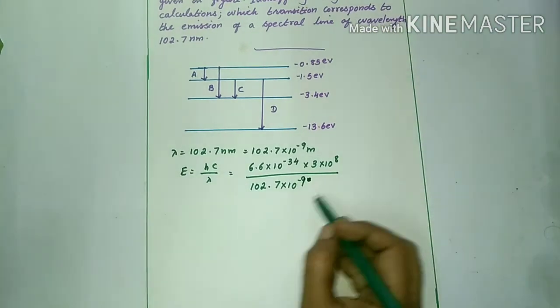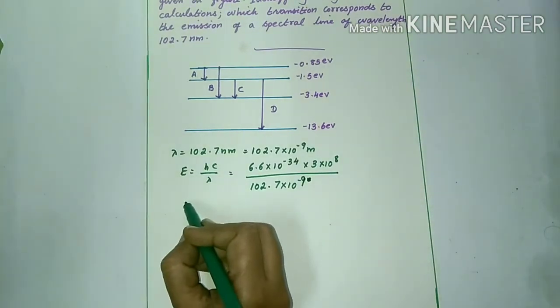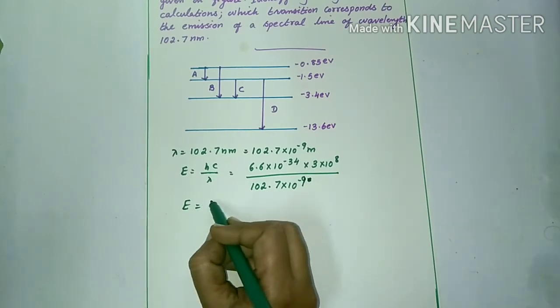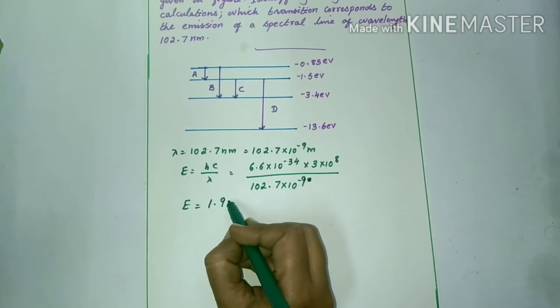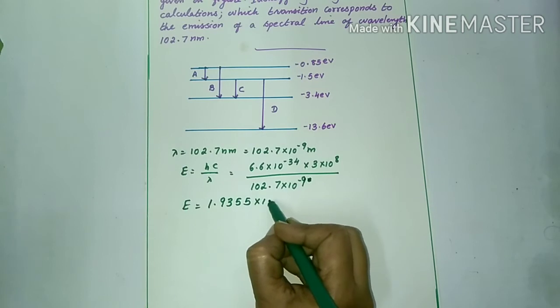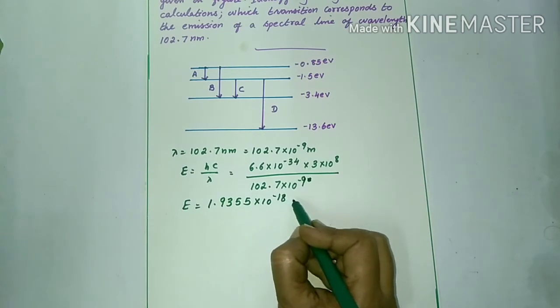Then after calculating all this, we get energy E equal to 1.9355 into 10 raised to minus 18 joule.